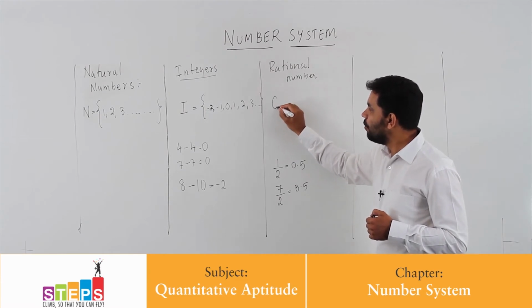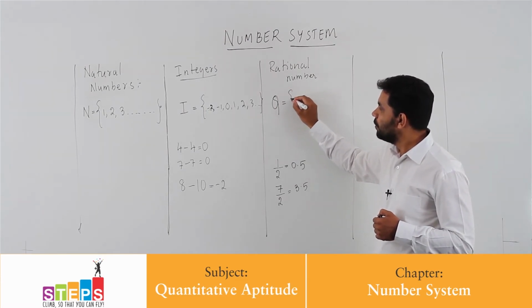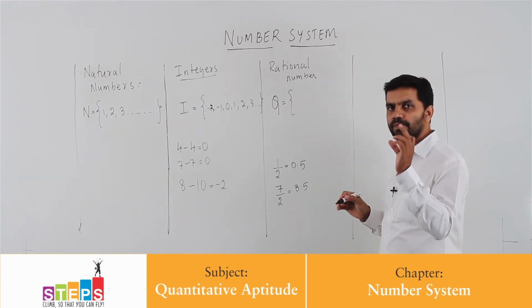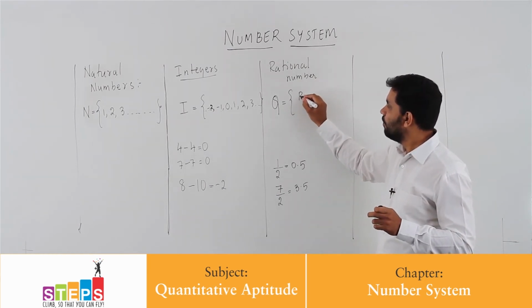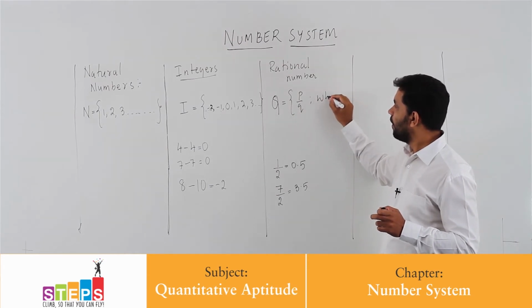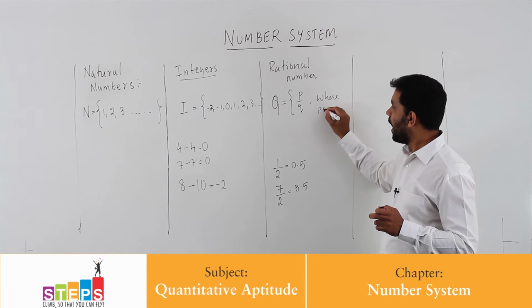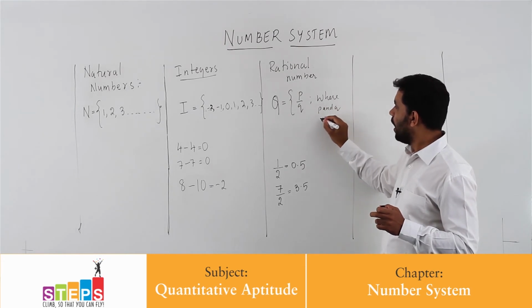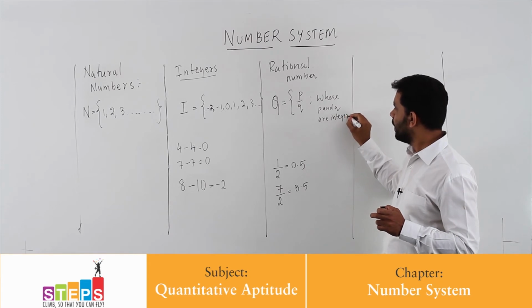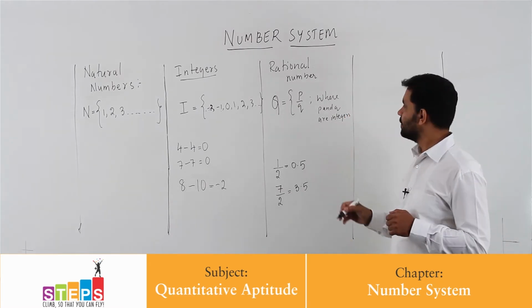And this is denoted by Q. Q are nothing but rational numbers, which are represented by the symbol P by Q, where P and Q are integers. It must be integers.